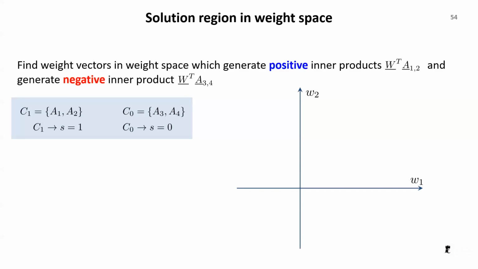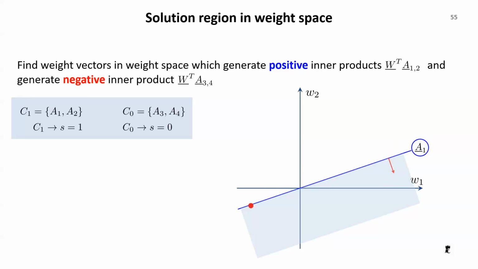So I draw the discrimination line in the weight space, specifically for point A1. Remember, the orientation will point into the positive solution.